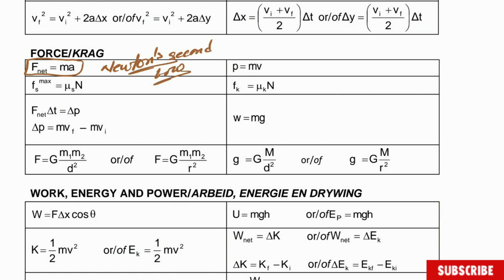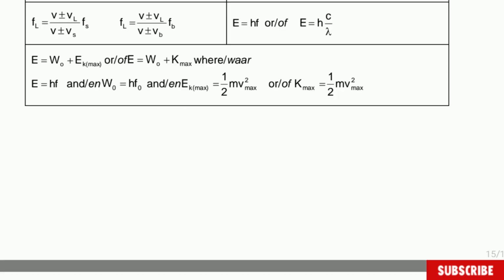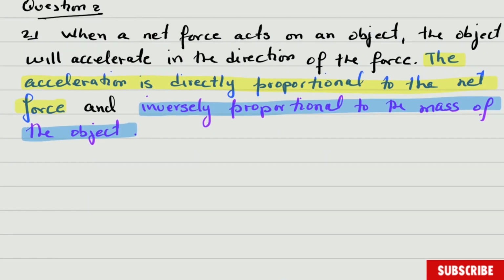Now, if we go back here and rewrite that formula, net force is equal to mass multiplied by acceleration, and you rearrange it. For the acceleration, you get that acceleration is equal to F net divided by mass.